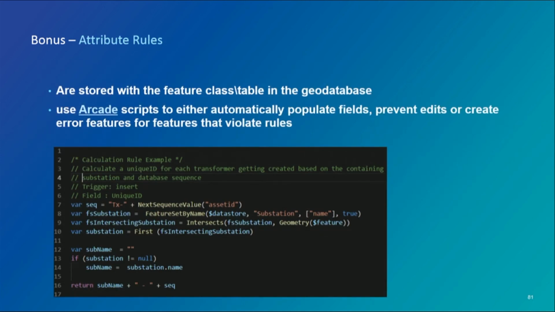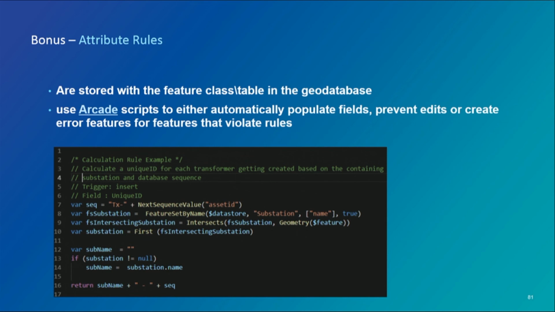Next one is attribute rules. Rich touched on this. The SDK added it. It has been enhanced and continues to be enhanced. They are rules that are stored with the feature class in the geodatabase. They use Arcade scripts to automatically populate fields or constrain edits, or possibly create error features during a validate operation.